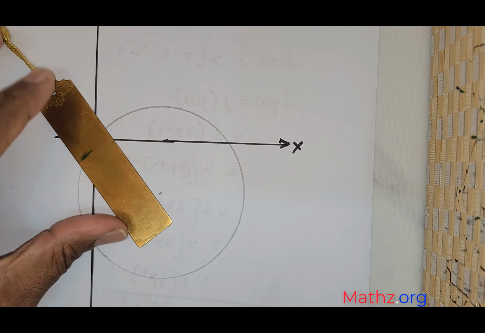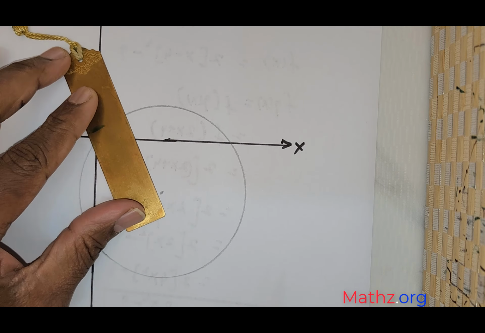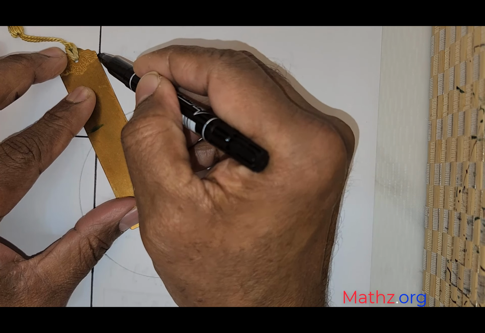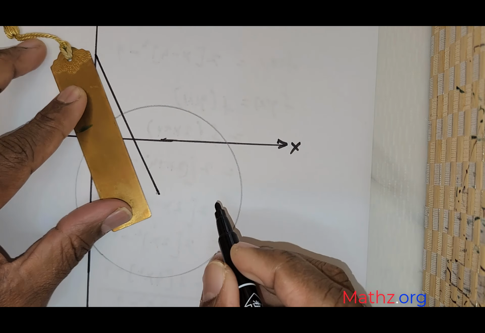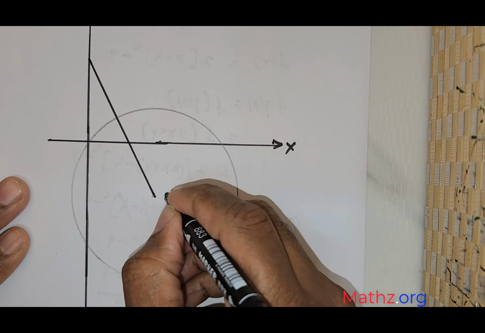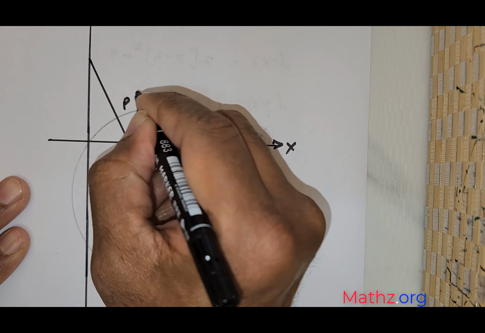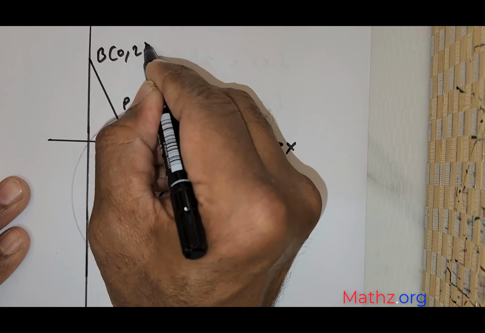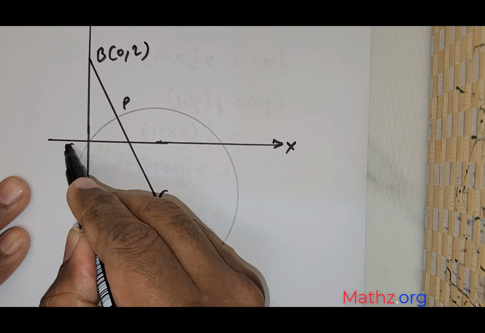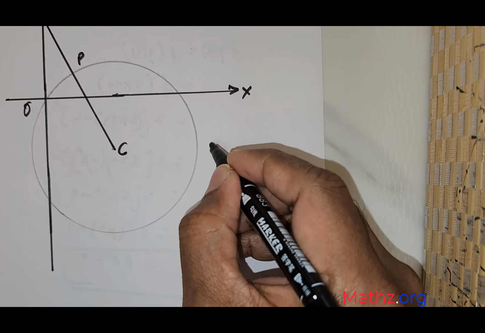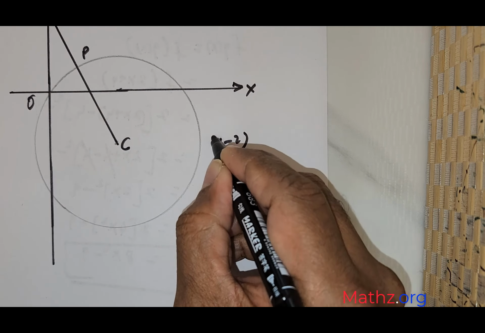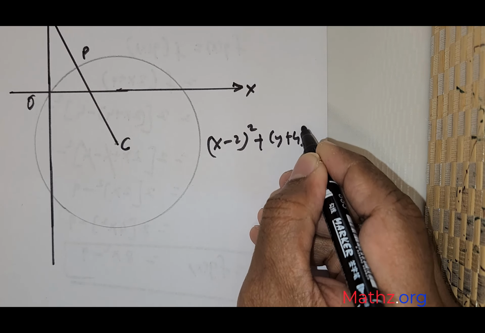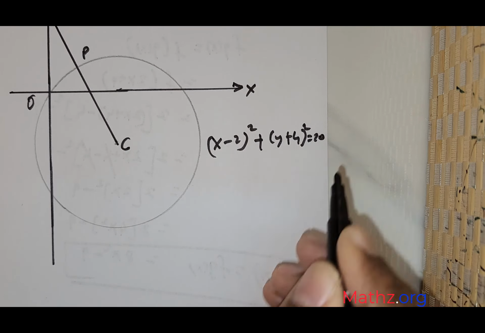Now from the center there is a hit somewhere here. The diagram is not to scale. So this point is C, this point is P, this point is B of (0, 2). This is O, and the equation is given as (x - 2)² + (y + 4)² = 20.